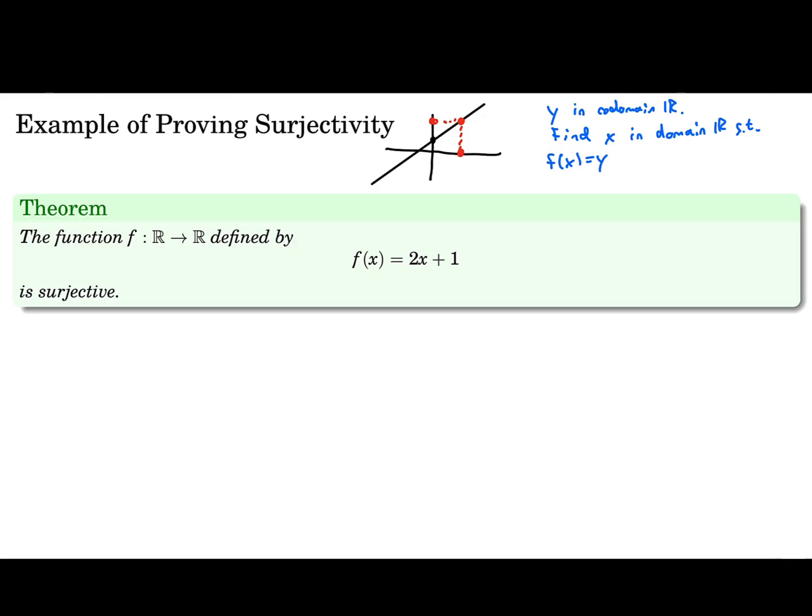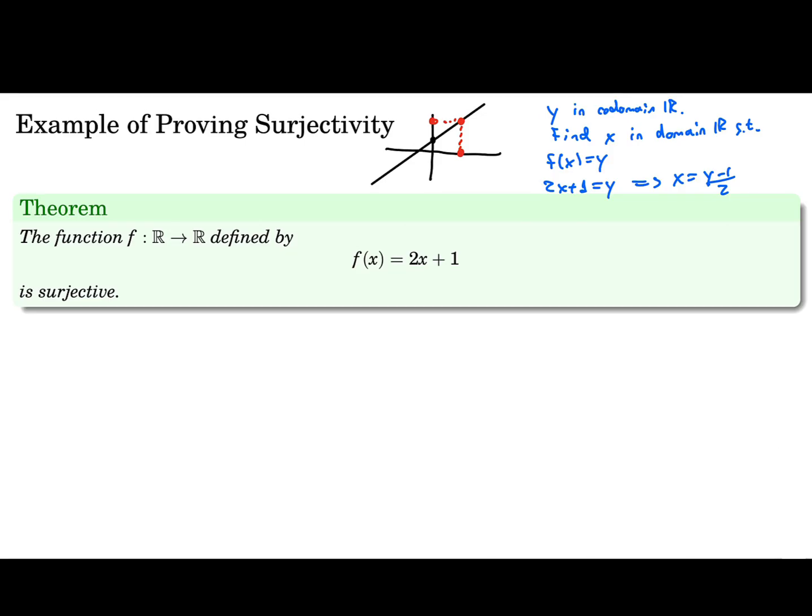Now, what is f of x? f of x in this case is 2x plus 1, and we want this to equal y. If we solve for this, this means that x just needs to be y minus 1 over 2. This is some scratch work that you can do to get your candidate. And you need to check: if I take a real number and subtract 1 and divide by 2, I get a real number, so this is actually in the domain, so everything seems to work out.